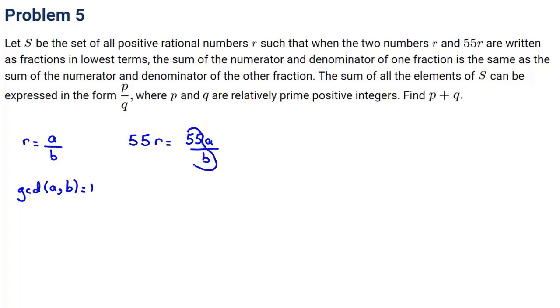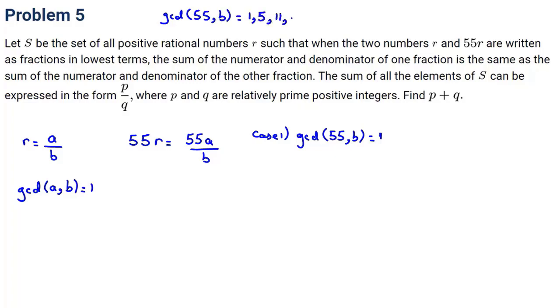The only possible case is to simplify 55 and B. So we have some cases, GCD of 55 and B. Let me tell you all cases. Because 55 is 5 times 11, the GCD can be 1, 5, 11, or 55, because it should be a divisor of 55. We should consider 4 cases.